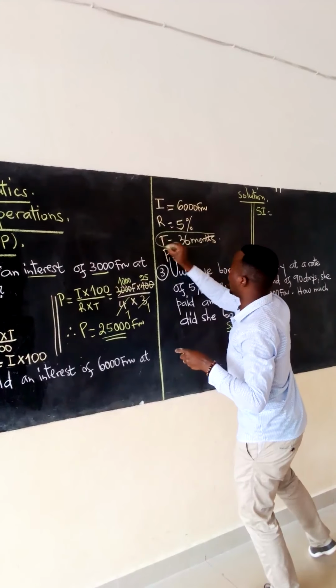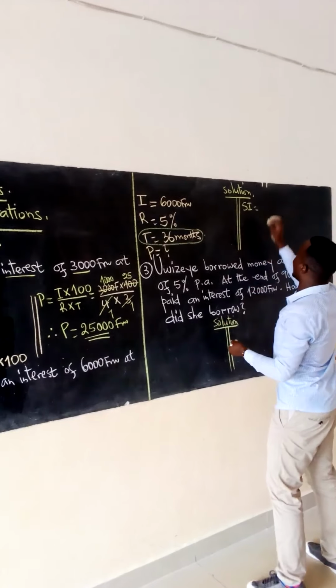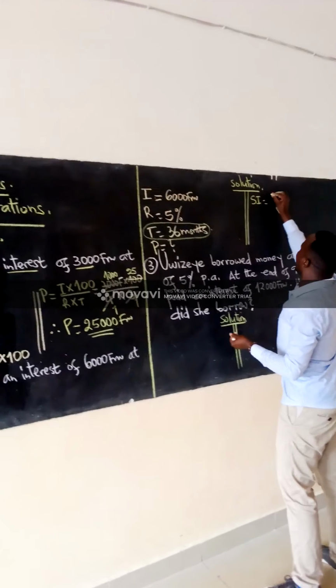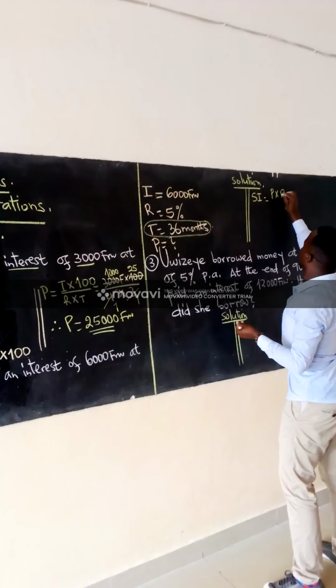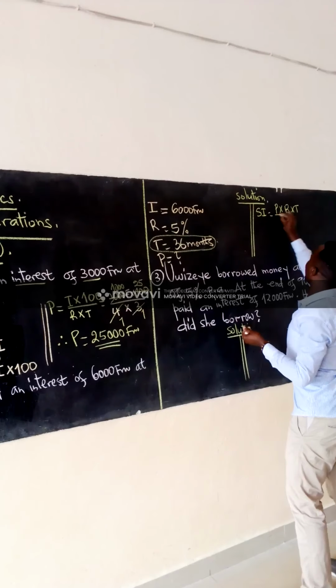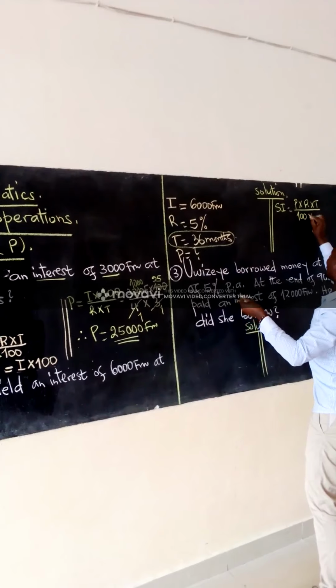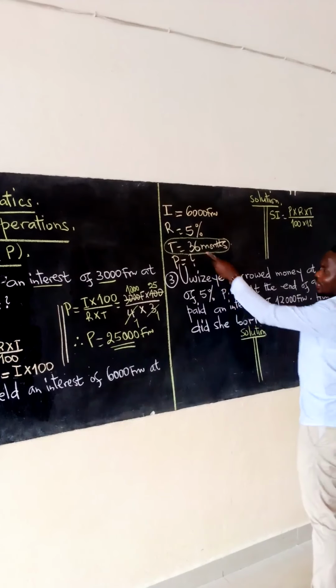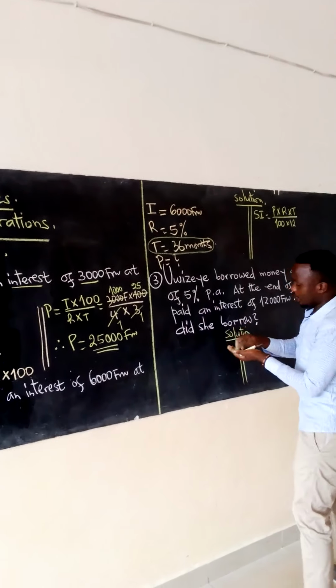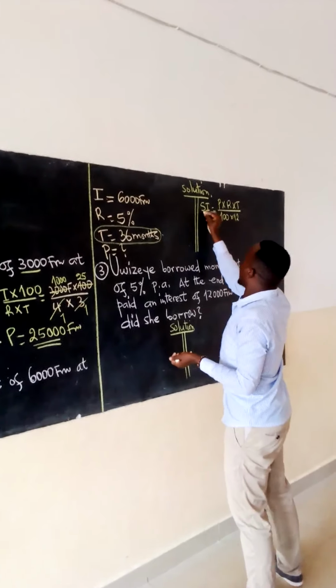When the time is in months, we take principal times rate times time, but the rate is a percentage. And we multiply by 12 when the time is in months. Let me put a 1 here.